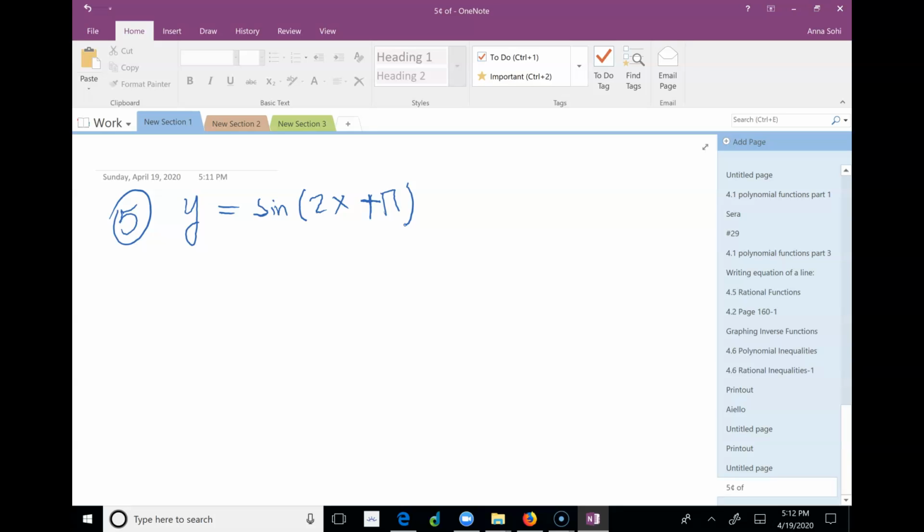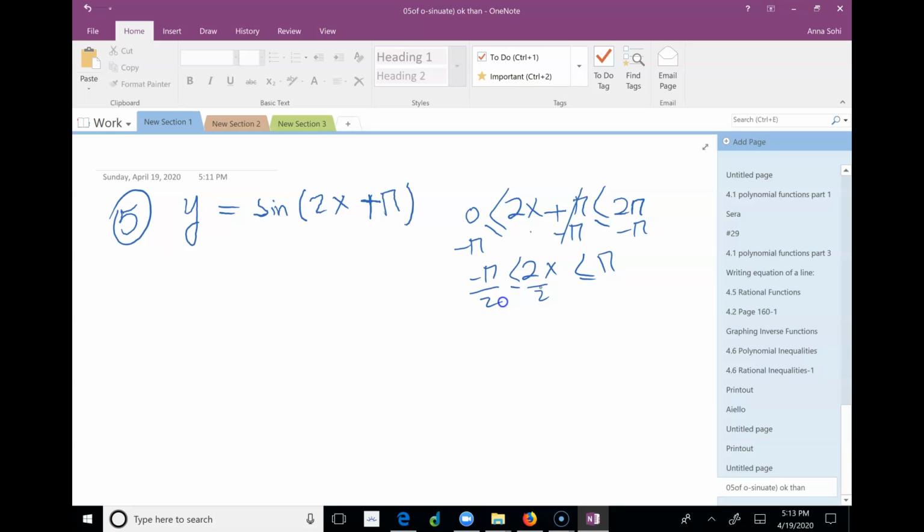So what you can do here is put 2x plus pi, again between the period of 0 to 2 pi. Then you solve for x. So 2x between -pi to pi, you divide everything by 2. So x is between -pi/2 to pi/2.